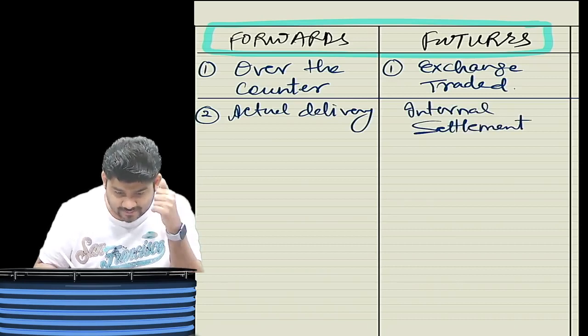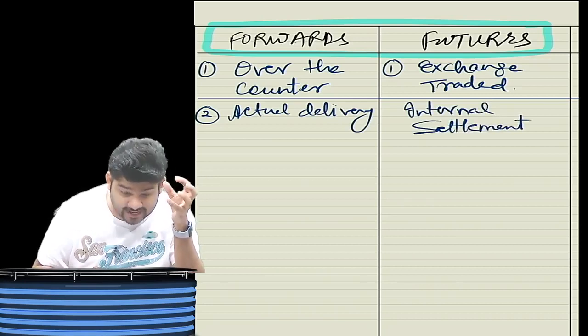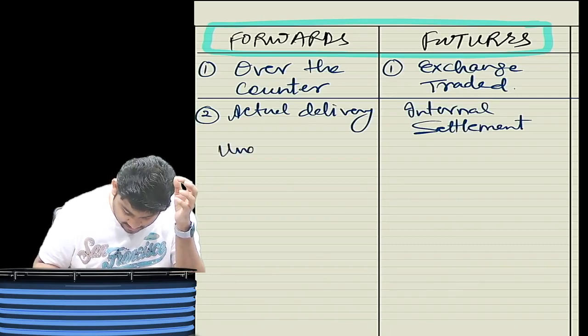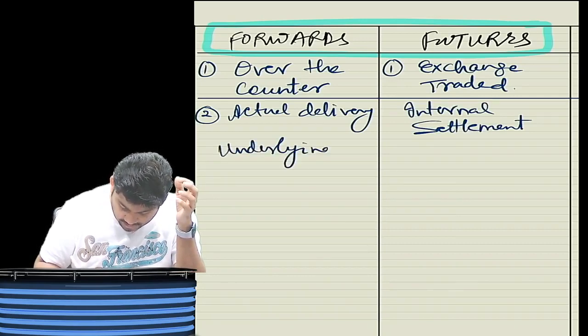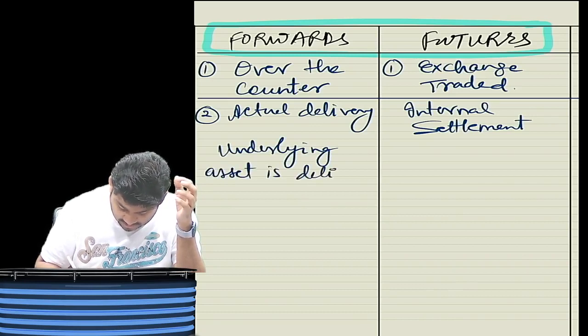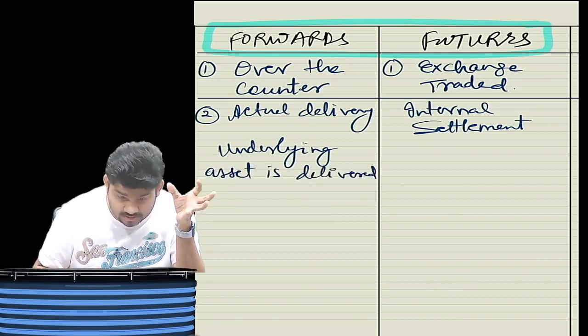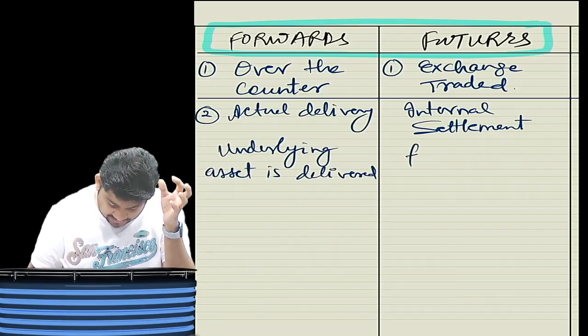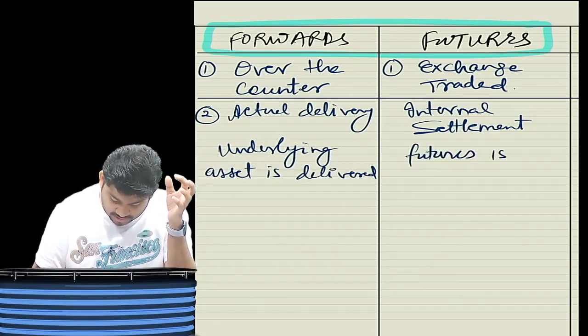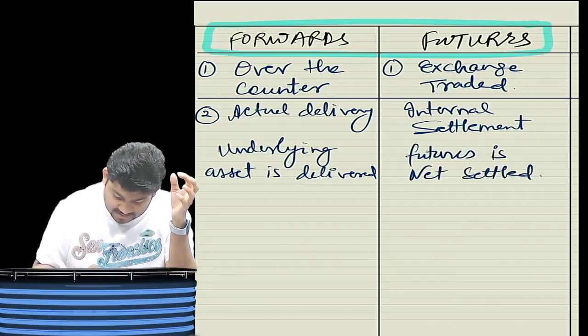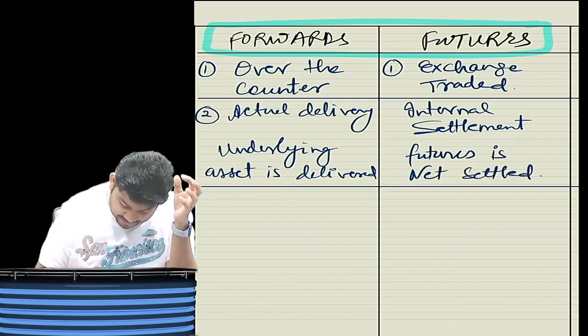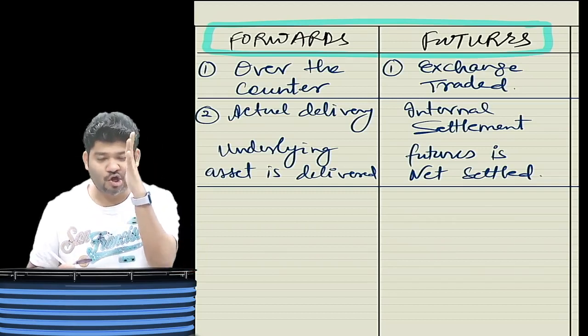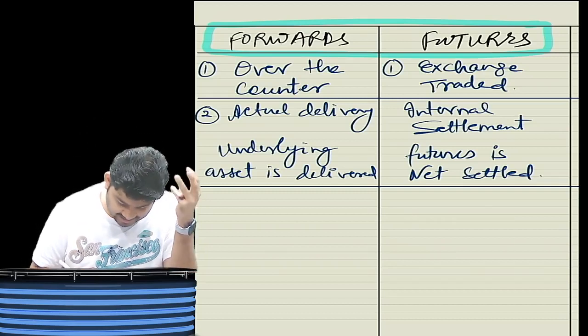Or the point said by Mega Lakshmi: the underlying asset is delivered, and futures is net settled. Absolutely spot on. Third, any other point?